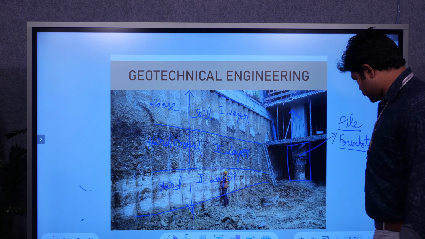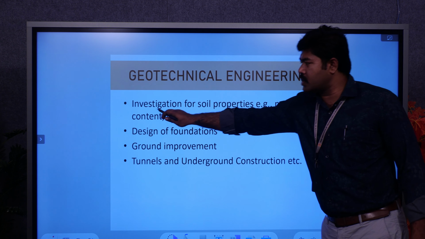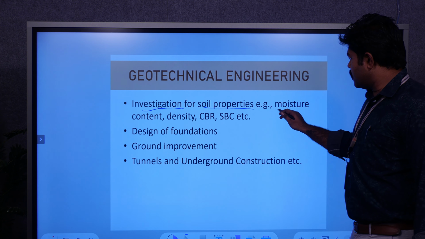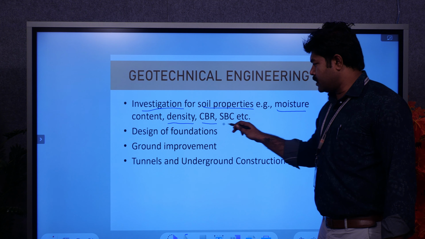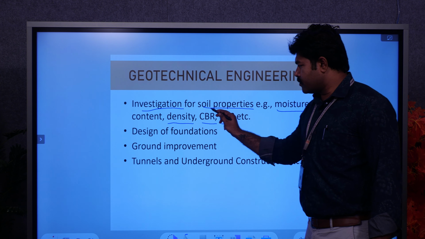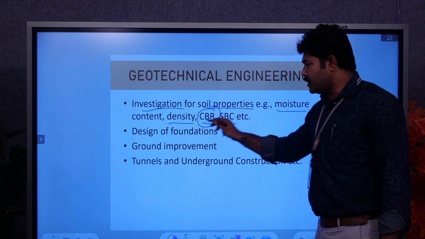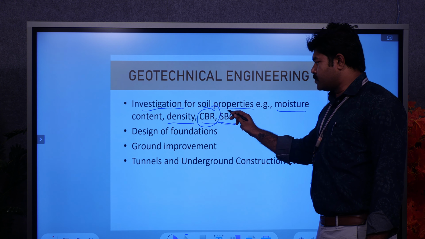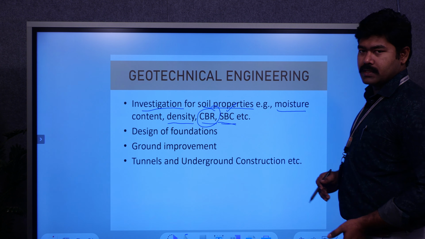The scope of geotechnical engineering involves investigation of soil properties, for example moisture content, density, CBR, SBC, etc. For constructing roads, along with moisture content, density and other properties, CBR is the main property. For constructing foundations, SBC is the main property of the soil, to design the foundations.